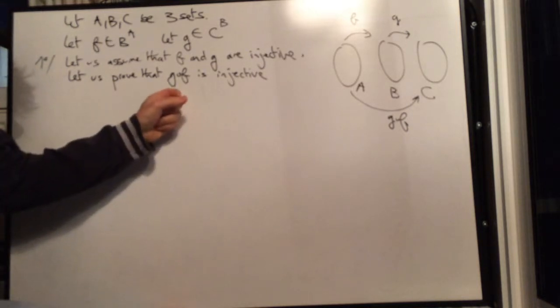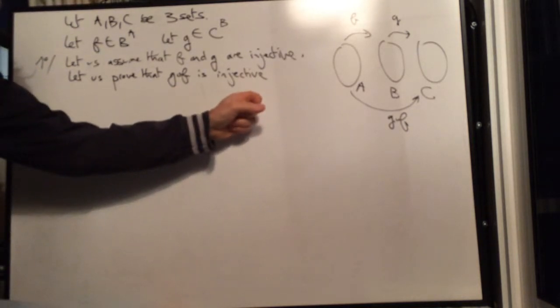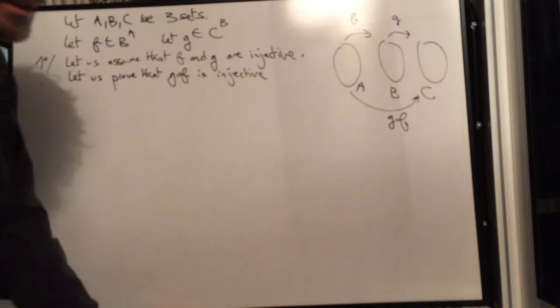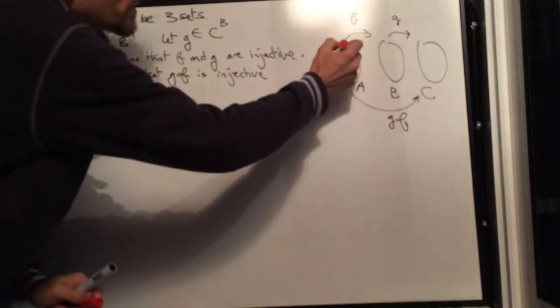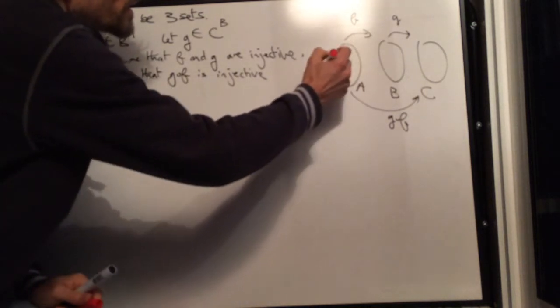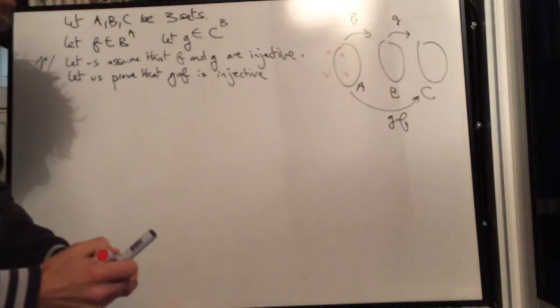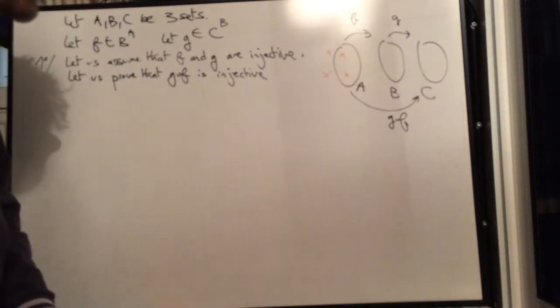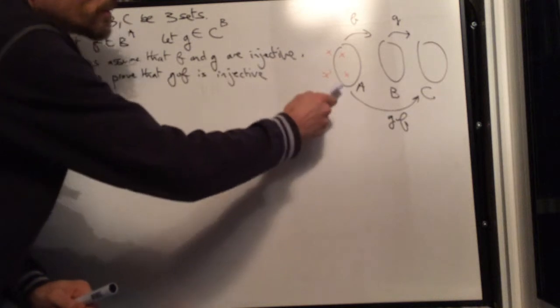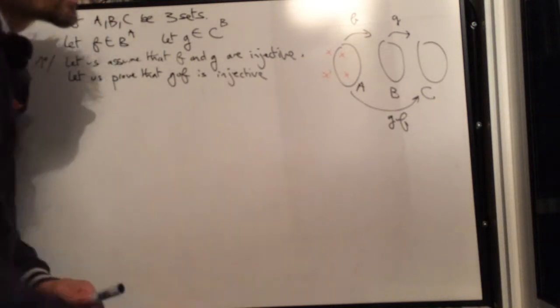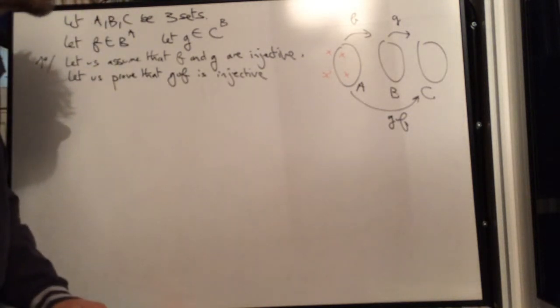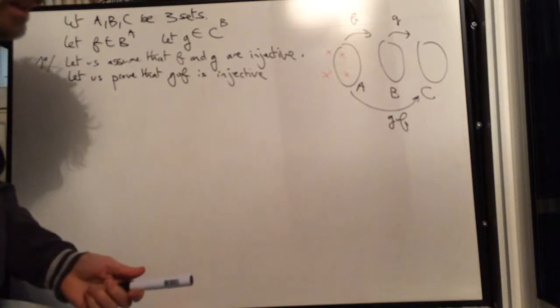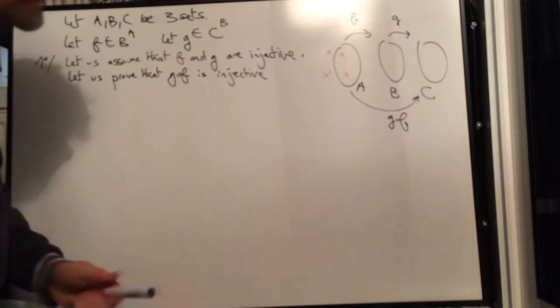To prove that g of f is injective, we are going to take two elements, x and x prime, in the set of departure of g of f, and we are going to assume that their images by g of f are equal.